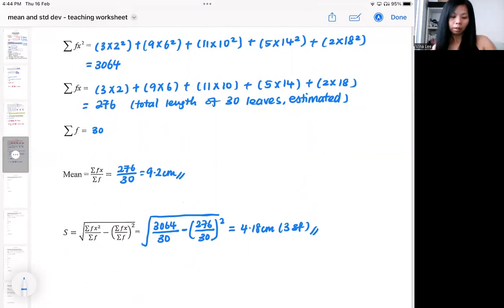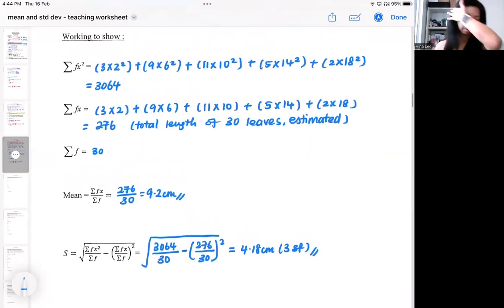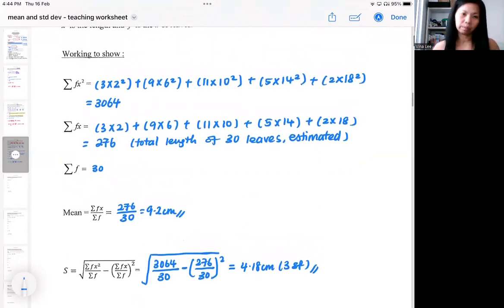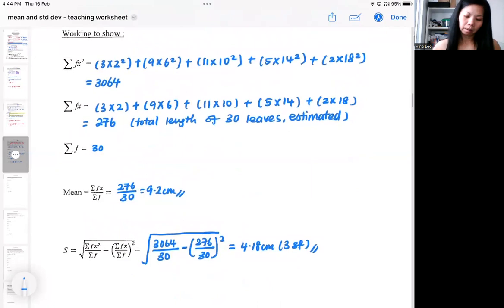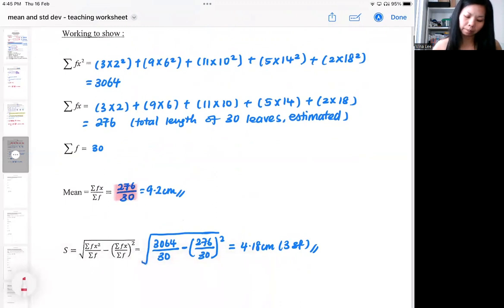Okay, so this will be the few categories that you actually need to know. Okay, but bear in mind, what is the kind of working you need to show? You will need to show this working. You need to show the individual value.